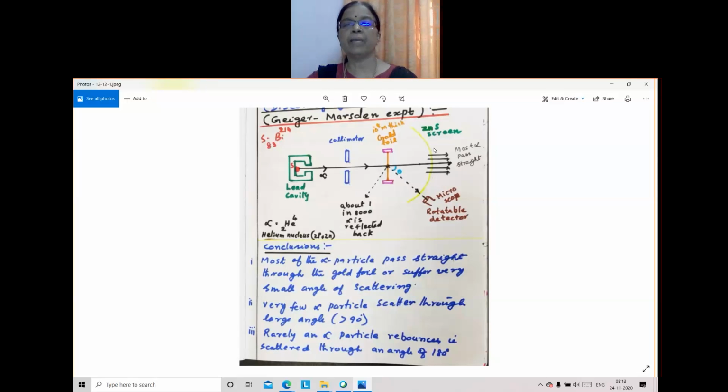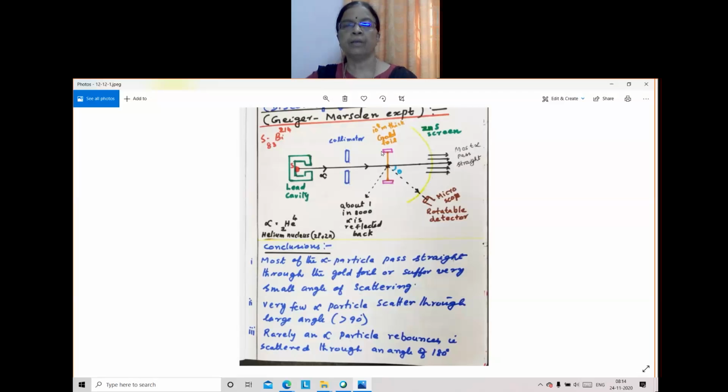Because when alpha particles hit the screen, it produces scintillations, glowing spots on the screen, and that is detected with the help of a microscope. Microscope is provided here, a rotatable detector.